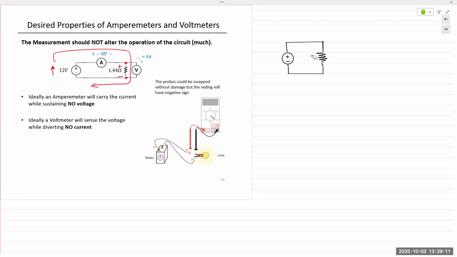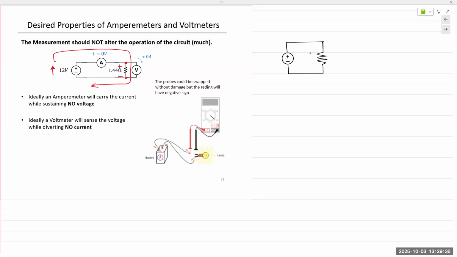That's all it is. It's a source connected to a resistor. This circuit is unique, or anytime you have two components like this, it's unique because the two components are in parallel and they are also in series. It's the same current flowing through both, and it's the same voltage across both.